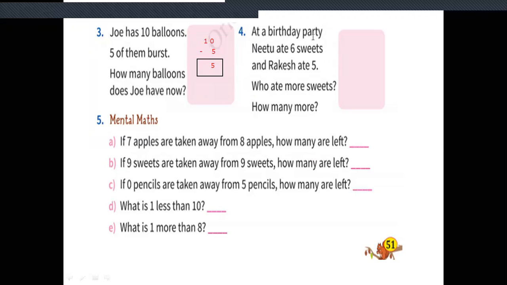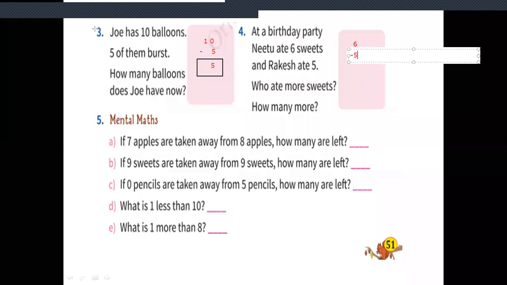At a birthday party, Neetu ate 6 sweets and Rakesh ate 5. Who ate more sweets? How many more? So see here, Neetu ate 6 sweets. Okay. Rakesh ate how many sweets? 5 sweets he ate.